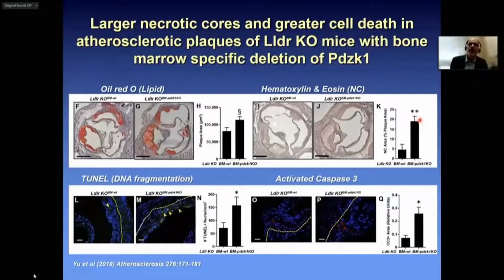When she looked for evidence of apoptosis within the plaques, either by TUNEL staining or looking at activated caspase-3, a critical caspase in apoptosis, she saw increased evidence of apoptosis both by TUNEL staining and caspase-3 labeling in the plaques in mice that lack PDZK1 in their macrophages.